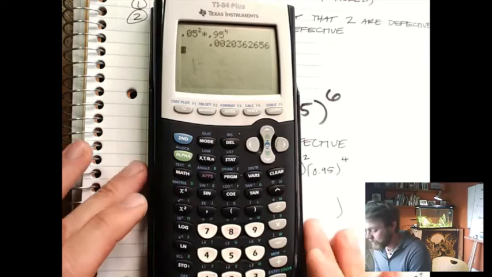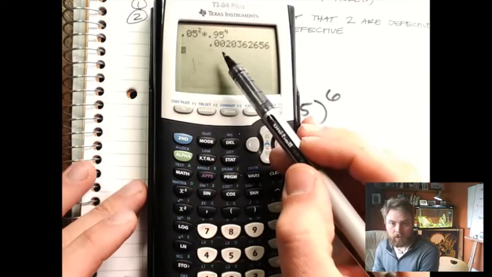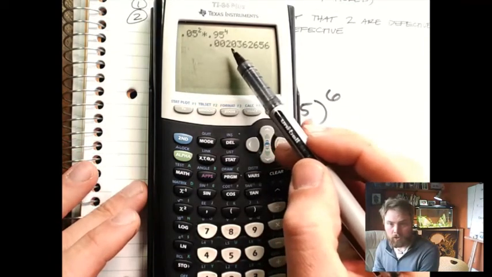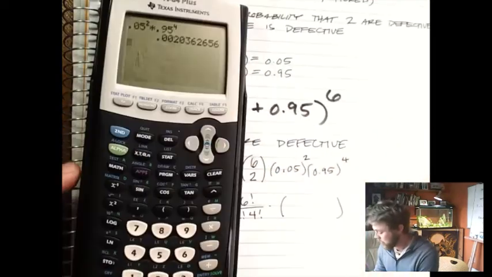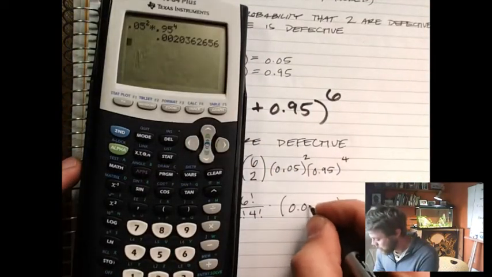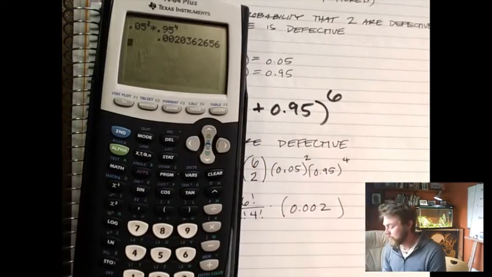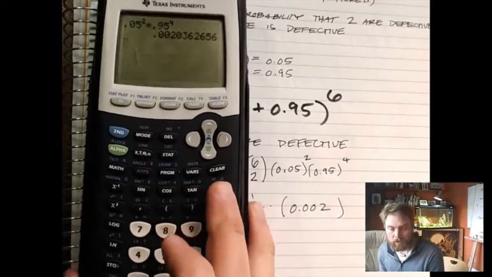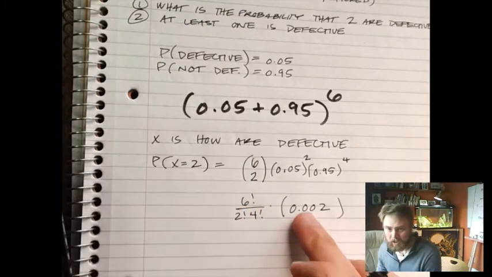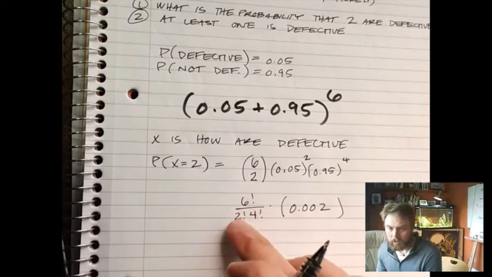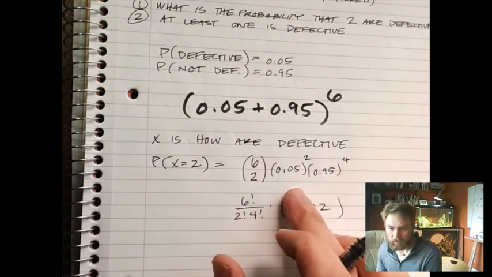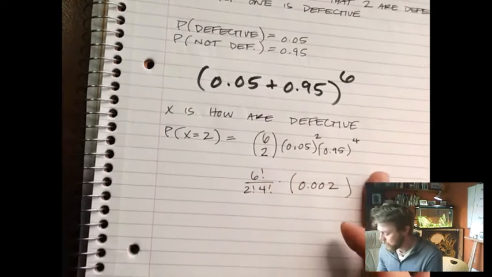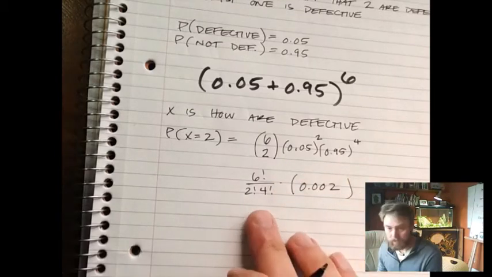We want 4 of those, so it's pretty slim. 0.002. So 0.2% chance of this particular thing, but we do have a number of different rearrangements of 2 and 4 defective and not defective.